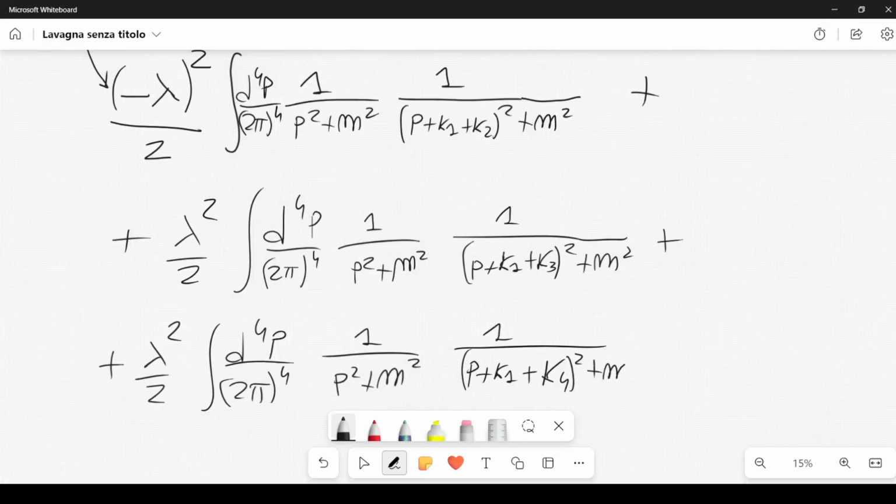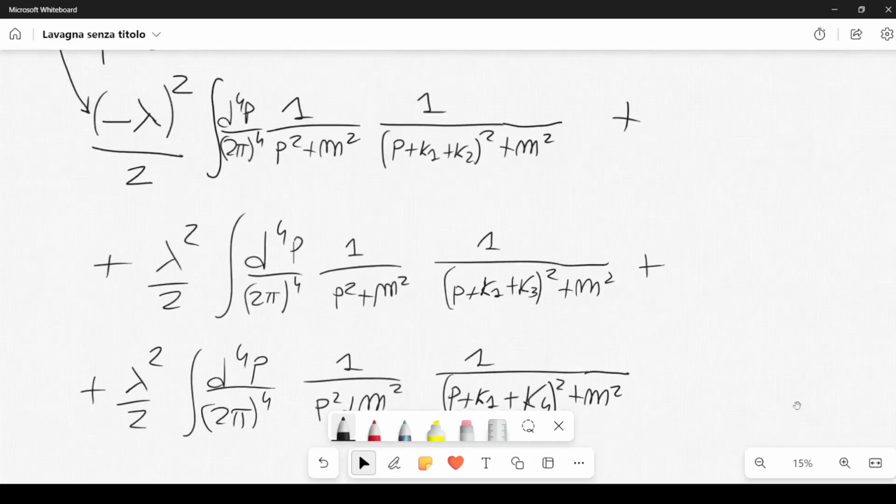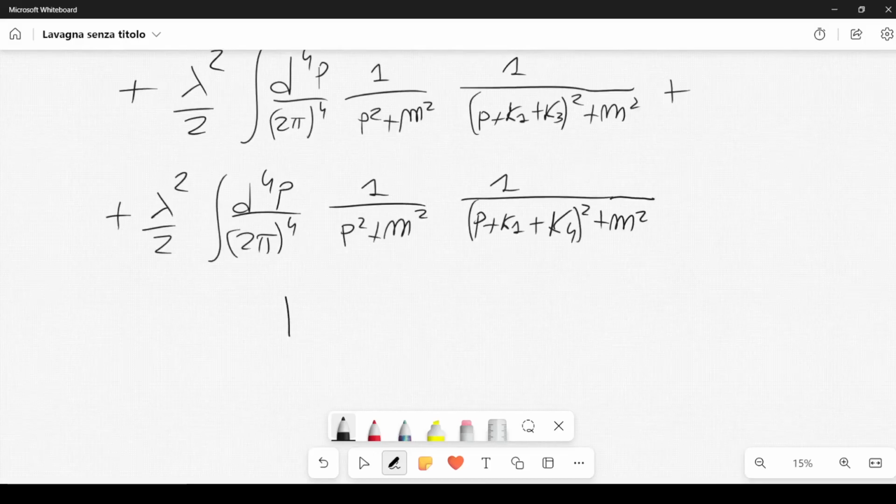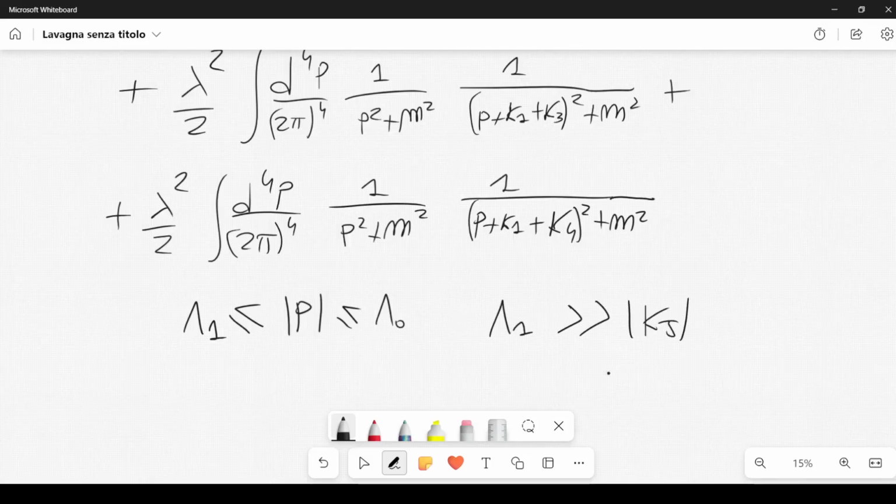And then at this point, I am going to assume that we are going to integrate over |p| smaller than Λ0, as usual, but we will assume that this is also greater than some Λ1, such that Λ1 is much greater than |kj|, where j can be either 1, 2, 3, and 4.